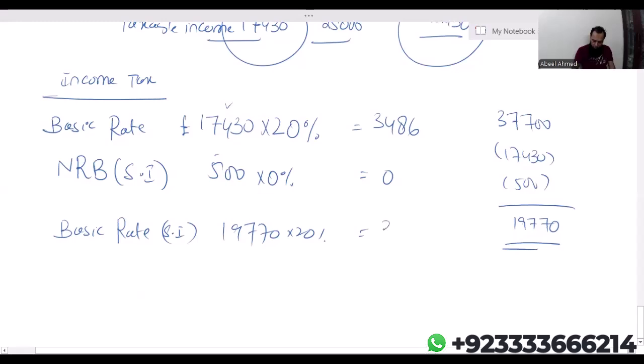I'm getting 3,954. Okay. Now what? Now we have utilized the full basic rate band limit. Still, we have saving income to be taxed. Obviously, that remaining saving income falls in high rate band.